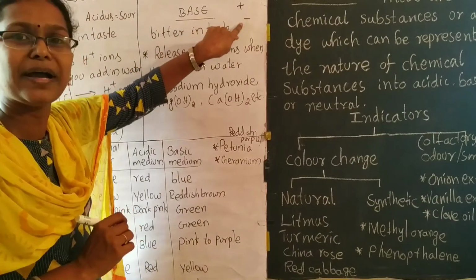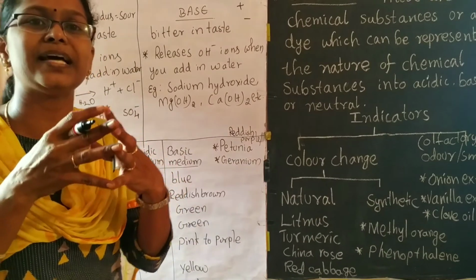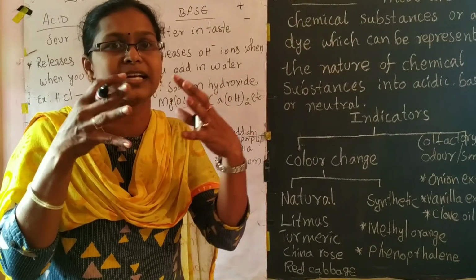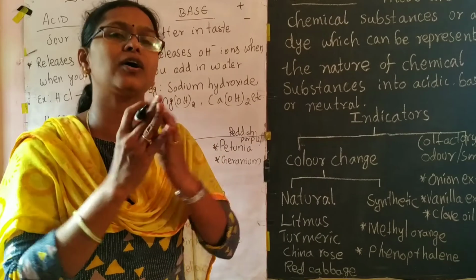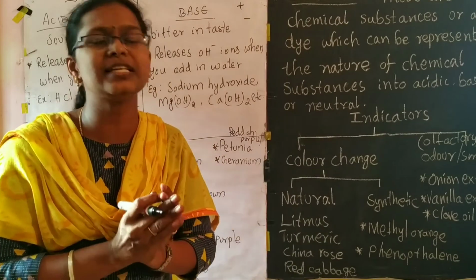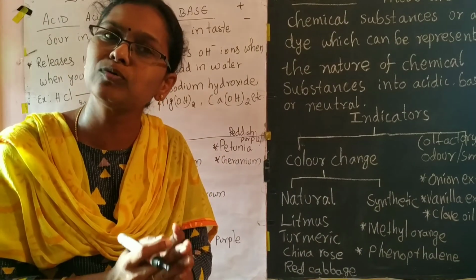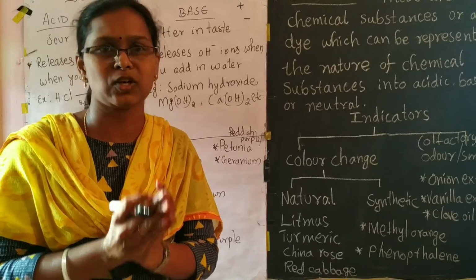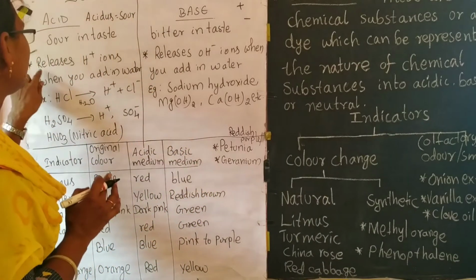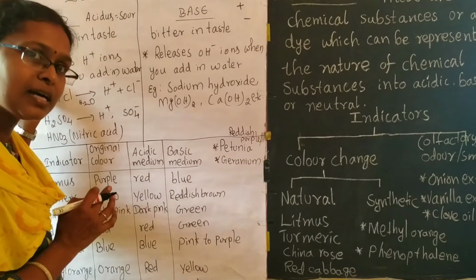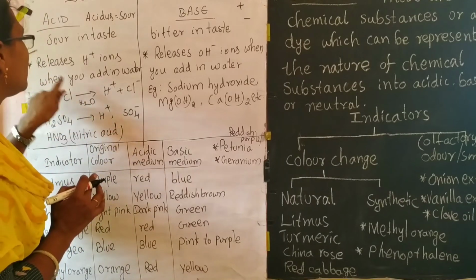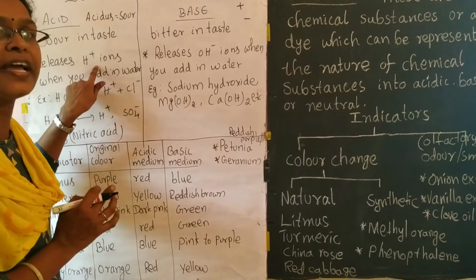Both the plus and minus ions combine with each other to form a compound. Especially we can say these are ionic compounds, or maybe covalent compounds. So when acids are added to water, we get the release of H plus ions.